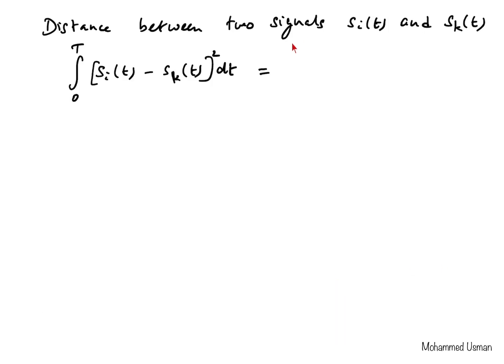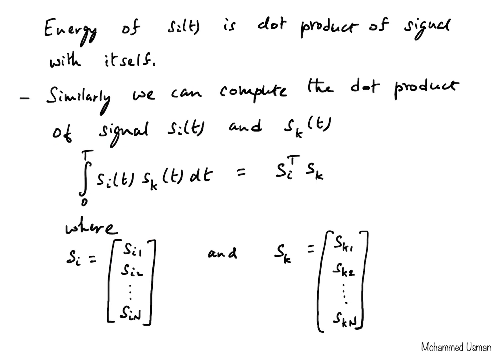So that's going to be equal to this term, the summation of Sij minus Skj the whole square for j equals 1 to n, and that is basically the square of the norm of the difference of the two signals, right? So the summation of this is nothing but the norm squared, right?